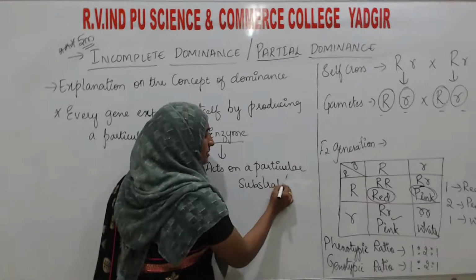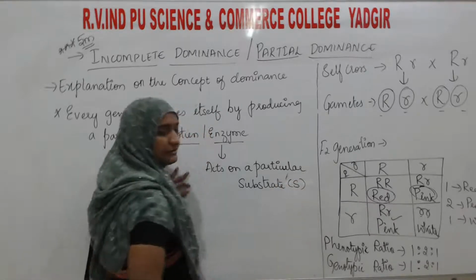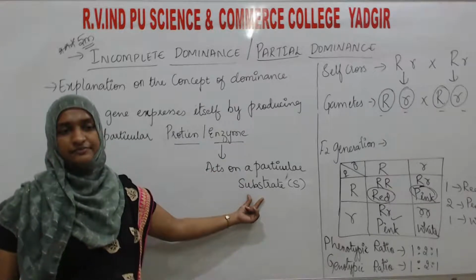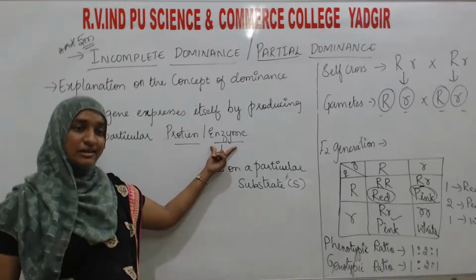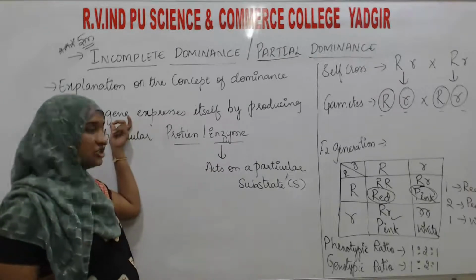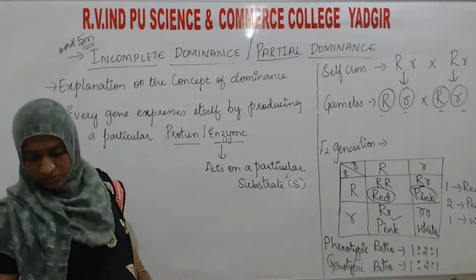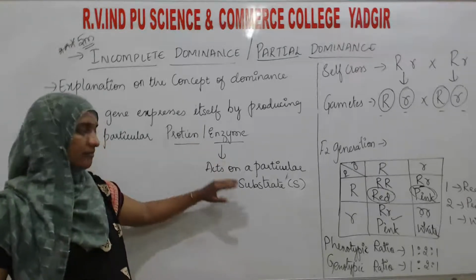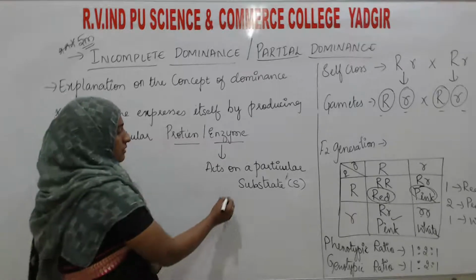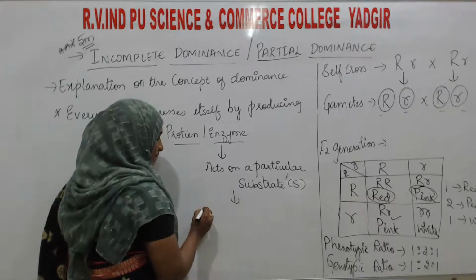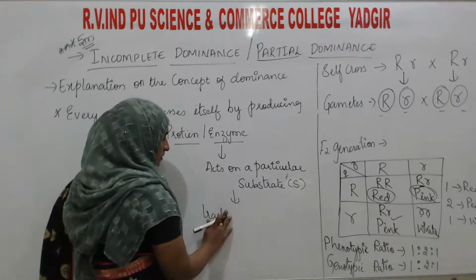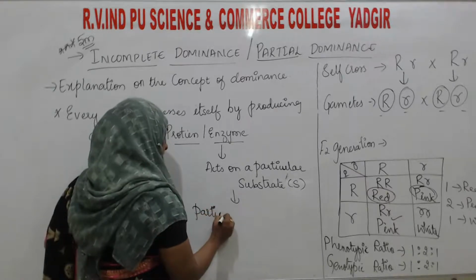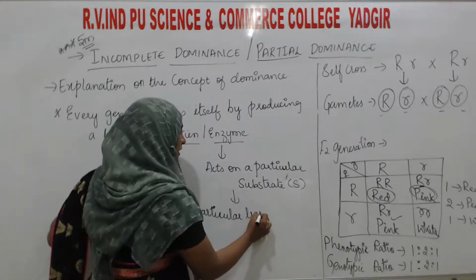This substrate can be represented as capital S. The enzyme binds with the substrate. From where do we get this enzyme or protein? From a gene, which brings one expression for a particular trait. When this enzyme binds with the substrate, it brings a particular trait or character.